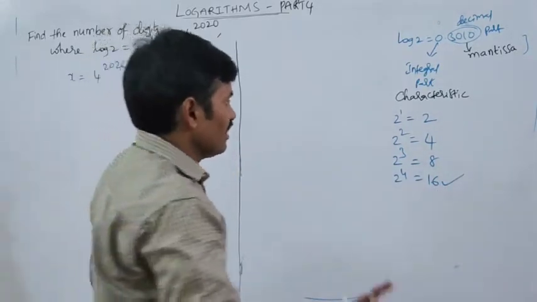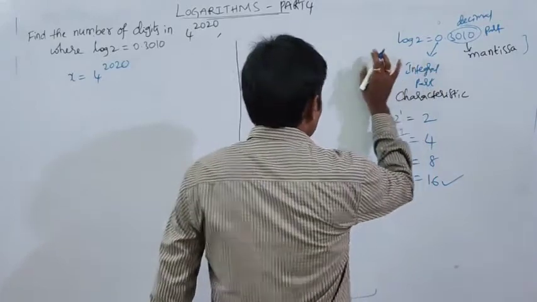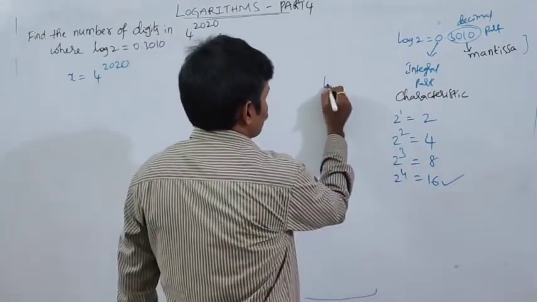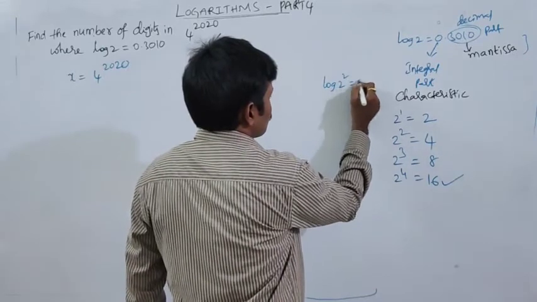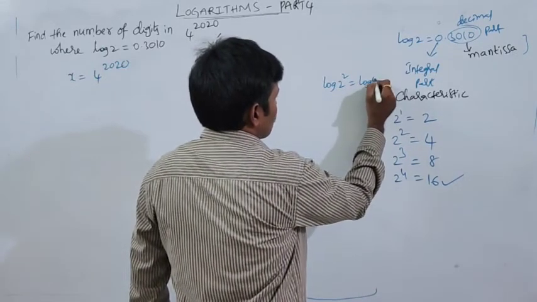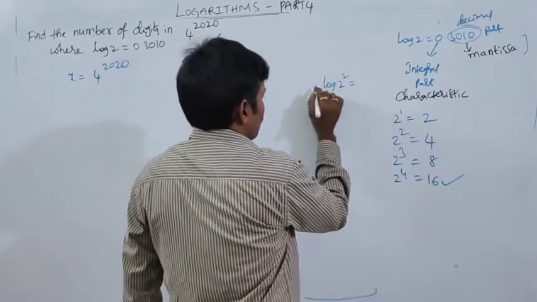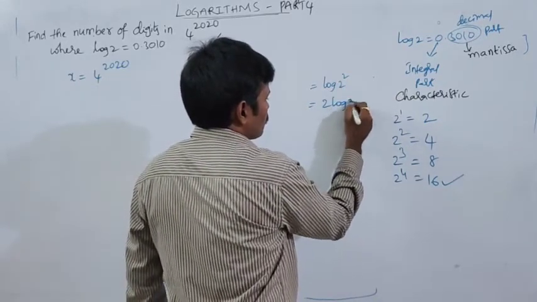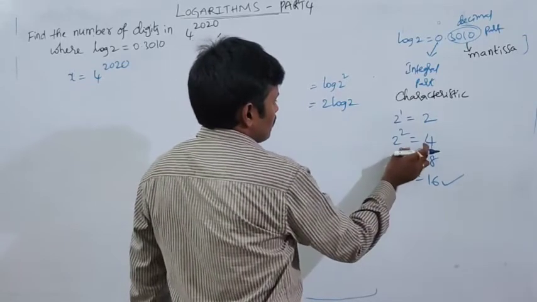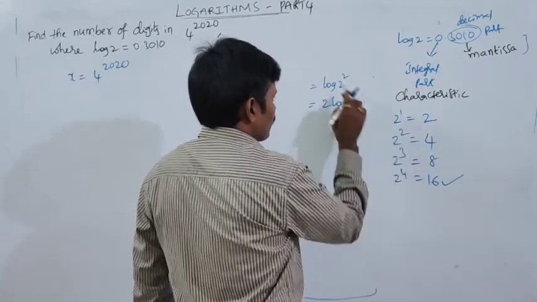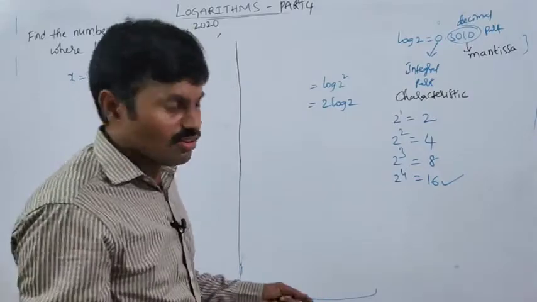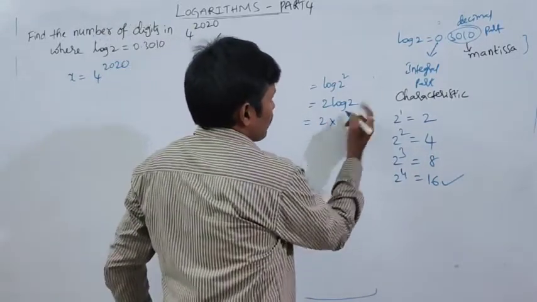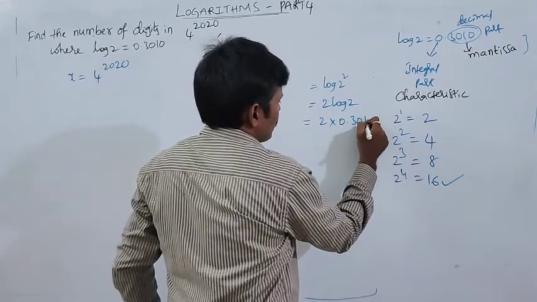Okay, is it clear? Now, the log 2 value is already given. So I am finding log 2 square, that is log 4. Log 2 square can be written as 2 into log 2. They asked how many digits are there in 4. We know that in 2 power 2 we get only 1 digit. 2 into log 2, with log 2 value 0.3010.